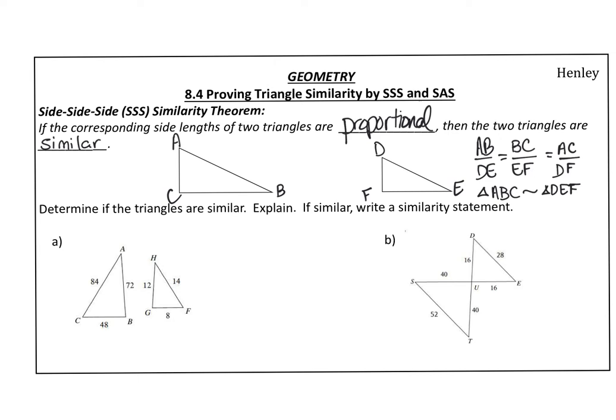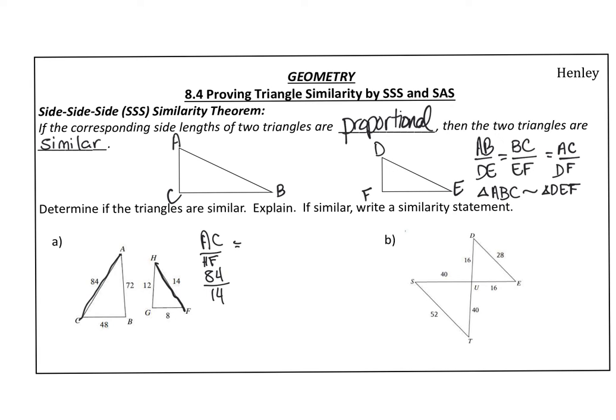Now let's try one. So the first one we have, ABC, we're trying to find out if it is similar to HGF. So let's look at our sides. First we have AC, which is corresponding to HF. So AC to HF, that's 84 to 14.